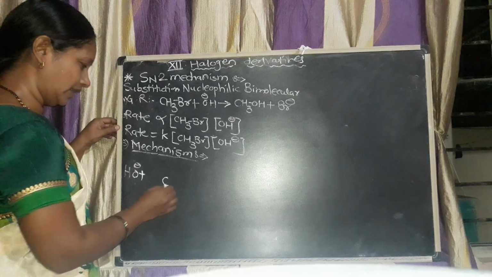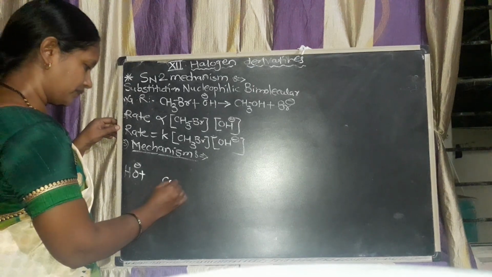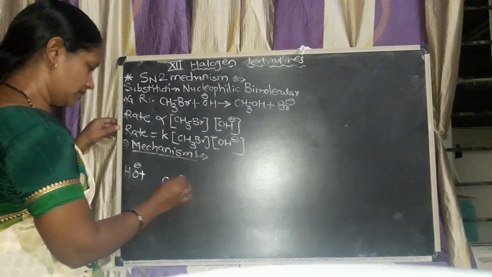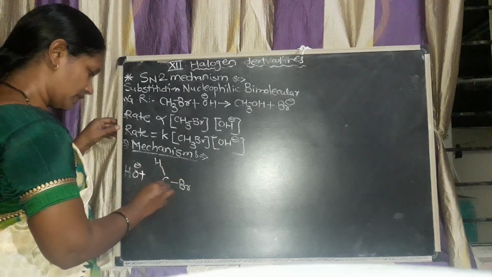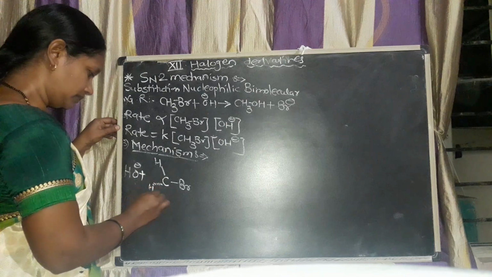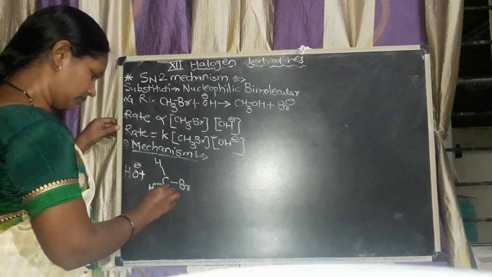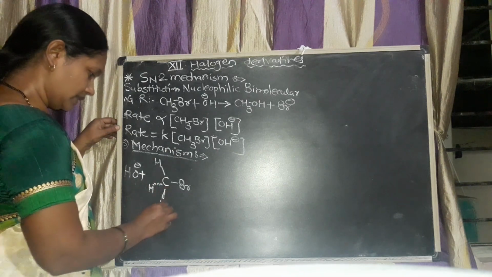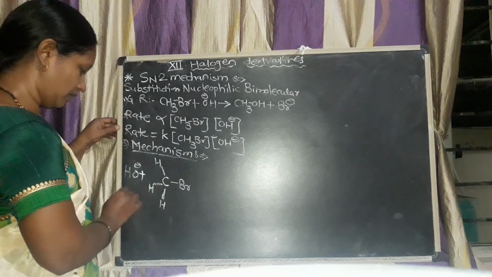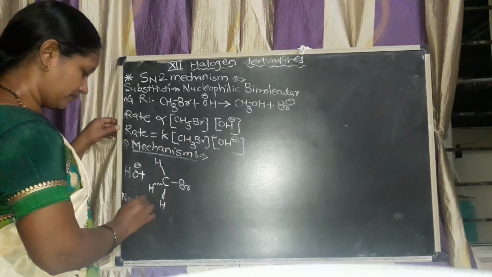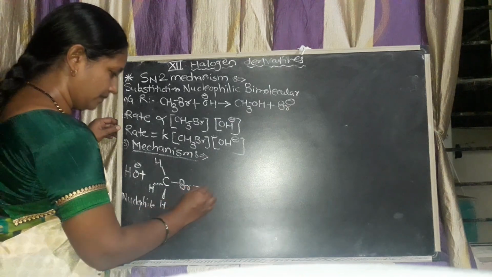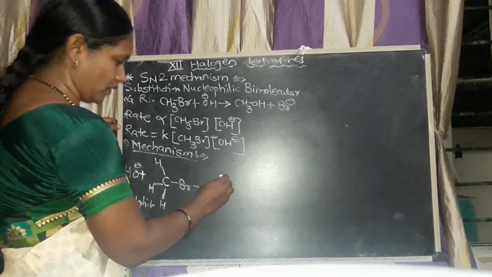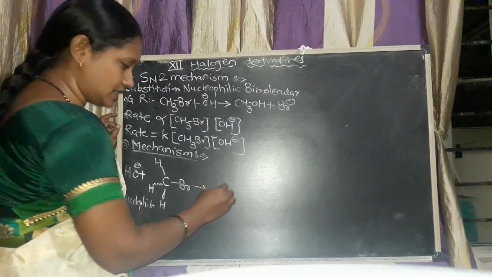We can draw the three-dimensional structure. This is the nucleophile OH minus and this is the methyl bromide. Then first there is the formation of the transition state.